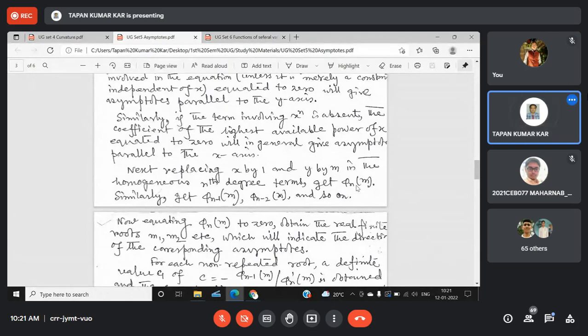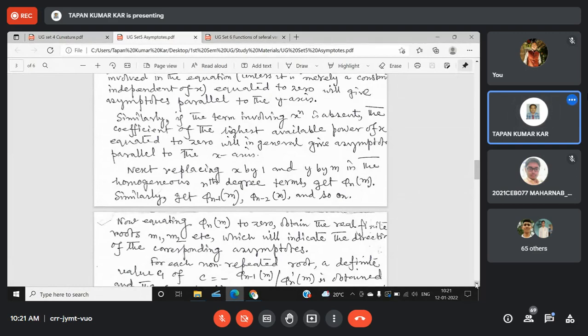In that term, if you set x equal to 1 and y equal to m, you will get phi n of m. Similarly, you will get phi n minus 1 of m, phi n minus 2 of m, and so on. Then your task is to set phi n of m equal to 0. From here, you will get the roots. If it is cubic, then 3 roots, m1, m2, m3, or like that.